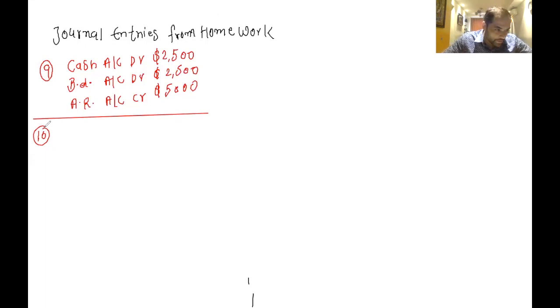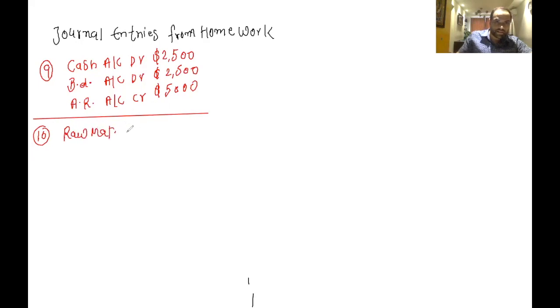Number 10 is a purchase of raw material by cash, 1,000. Tell me, what is debit, what is credit? Purchase raw material, raw material is debit, and cash is credit.